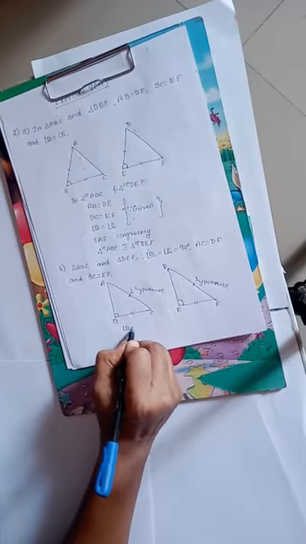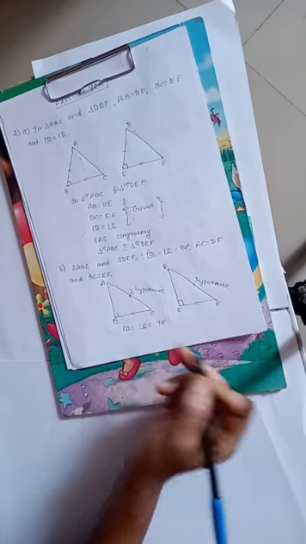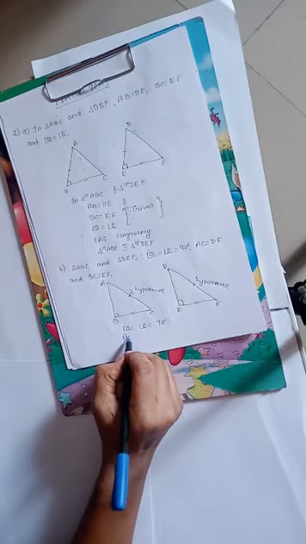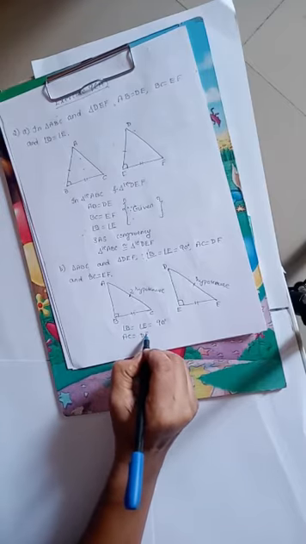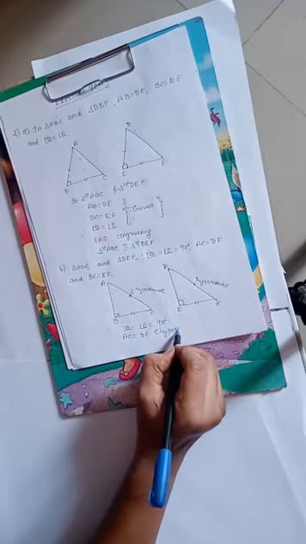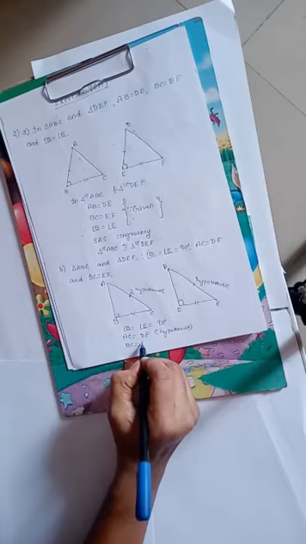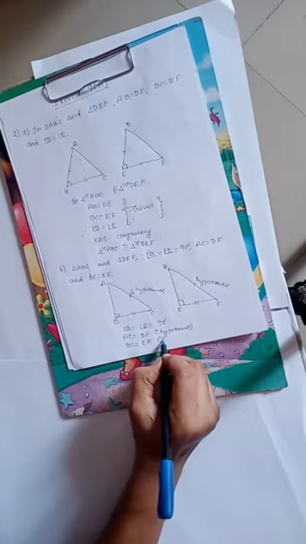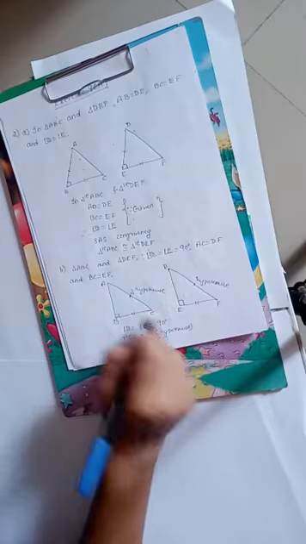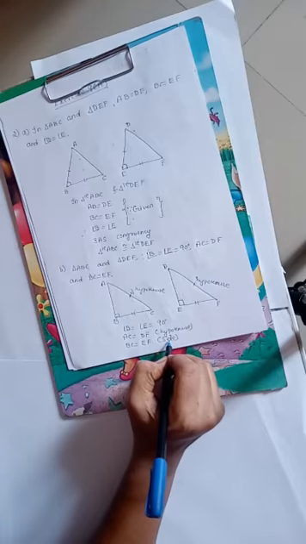Angle B is equal to angle E, which is equal to 90 degrees, a right angle, and again AC is equal to DF, the hypotenuse, and again BC is equal to EF. Among these, one side is equal along with the right angle and hypotenuse.